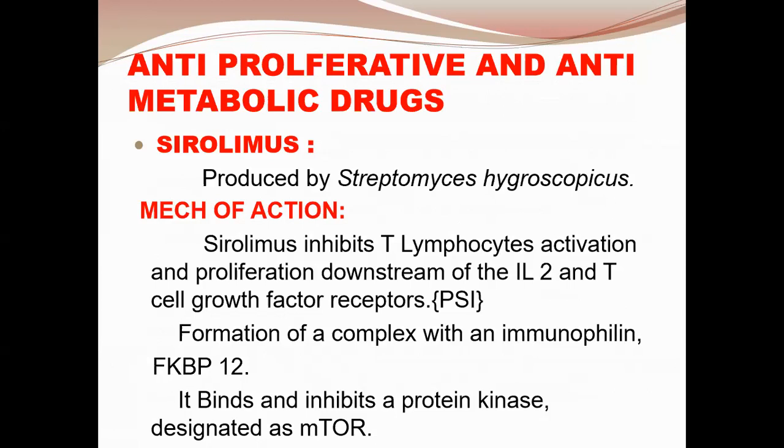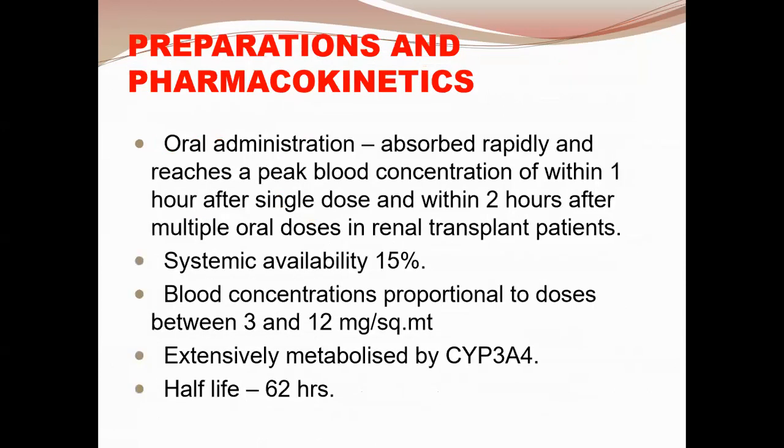Okay, so the preparations and pharmacokinetics of sirolimus. Sirolimus is available for oral administration. It is rapidly absorbed and reaches a peak blood concentration within 1 hour after a single dose and within 2 hours after multiple oral doses in renal transplant patients.